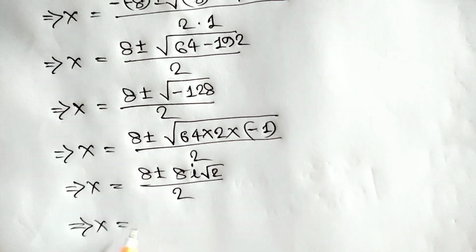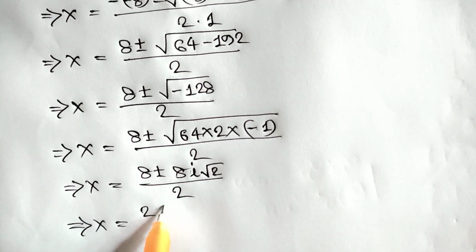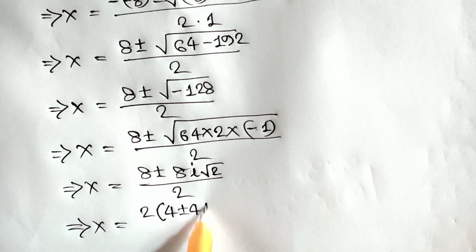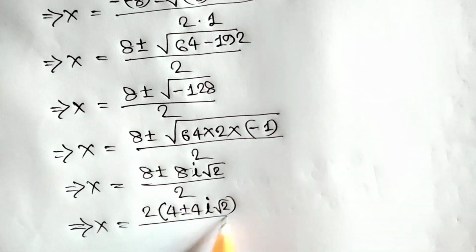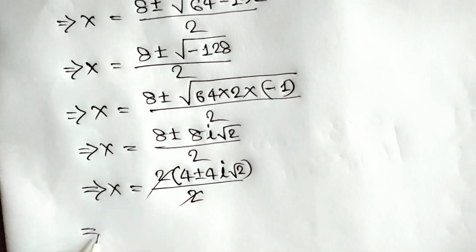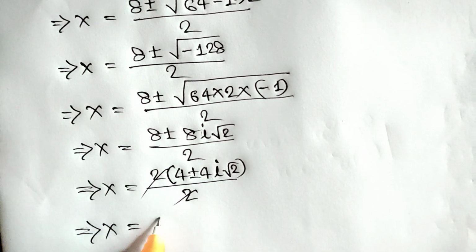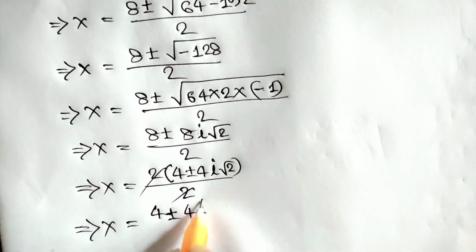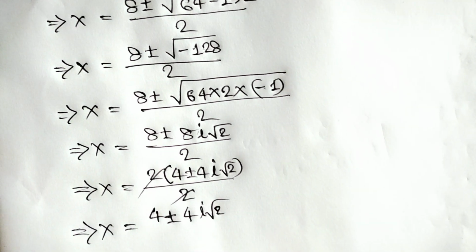Or x is equal to, taking common 2, we will write here 4 plus or minus 4i square root of 2 over 2. This 2 cancels out this 2. So finally the value of x is equal to 4 plus or minus 4i square root of 2.